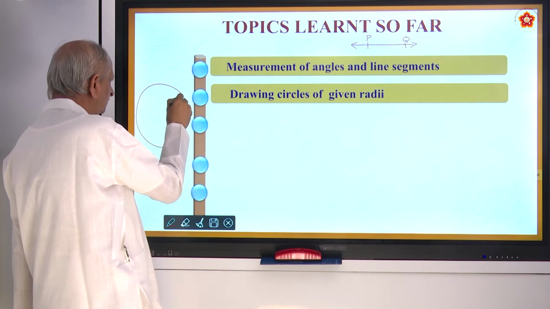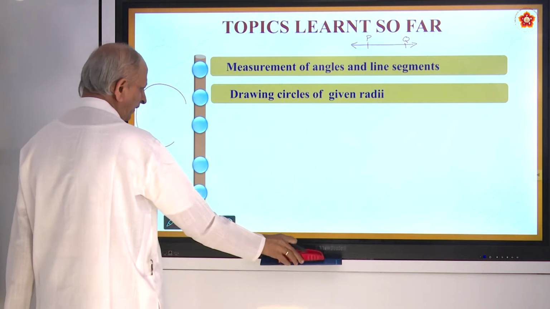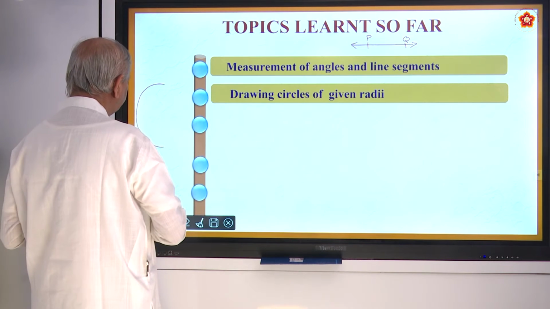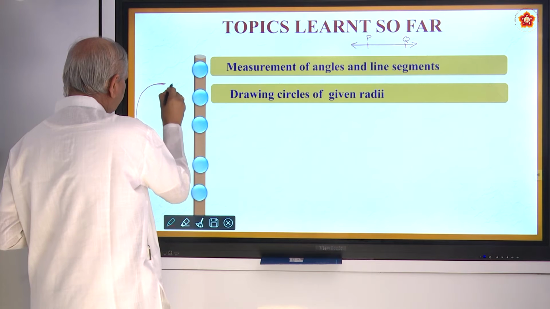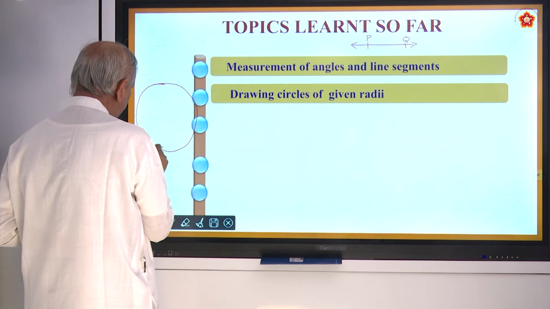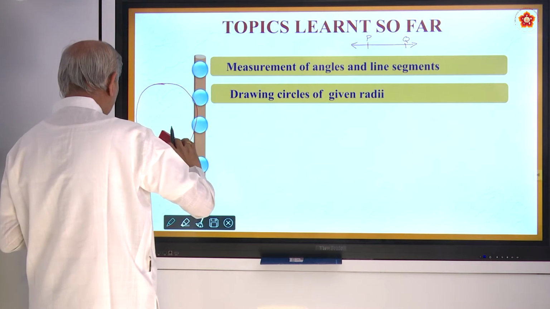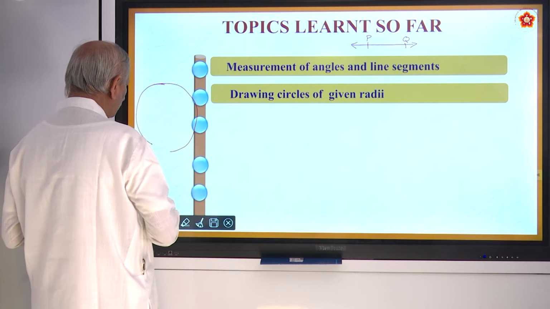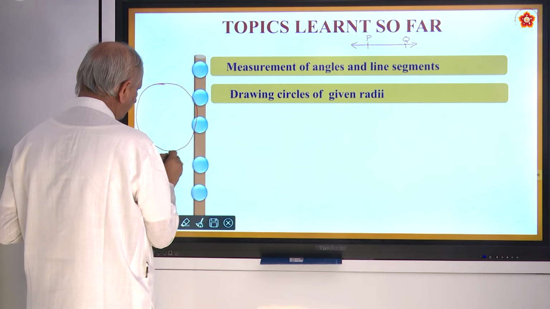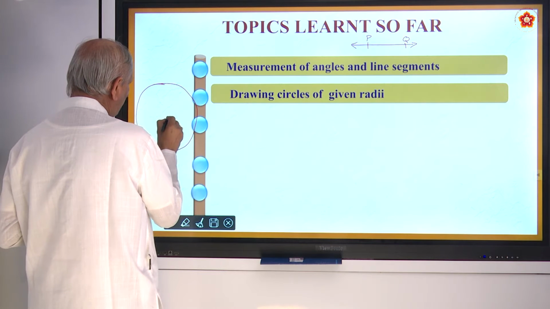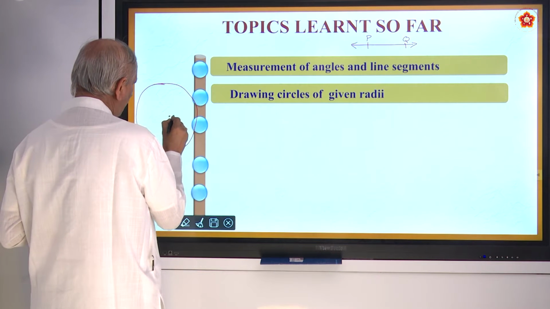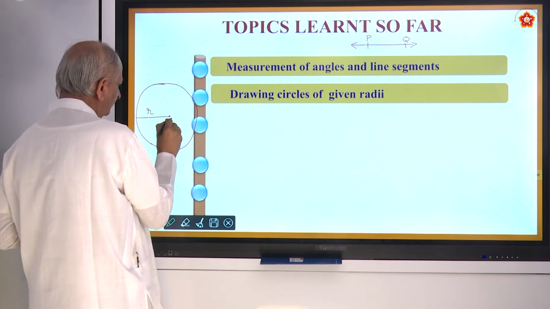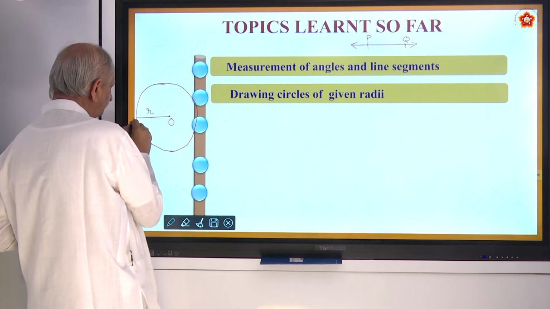Circle is the locus of a moving point which moves at a fixed distance from a fixed point, right? The fixed point is called the center of the circle, and the distance is called the radius. Is it not?